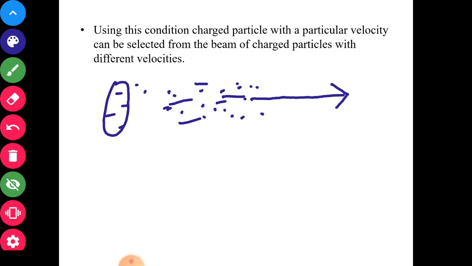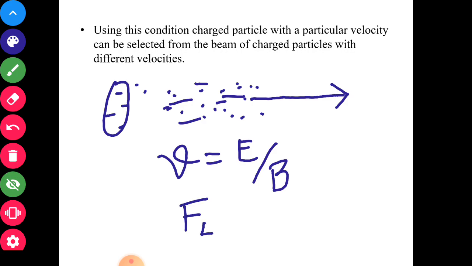The other particles, for example, you have v = E/B. You keep the values of the electric field and magnetic field such that the force due to the electric field and the force due to the magnetic field become the same. So you have chosen that velocity.